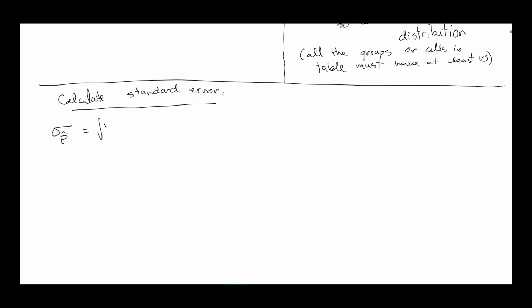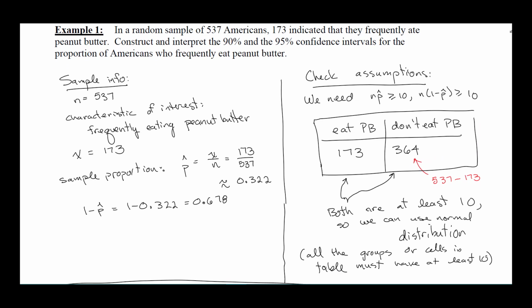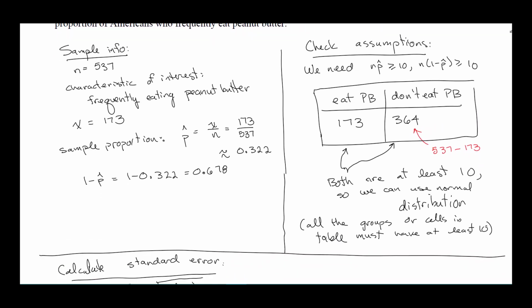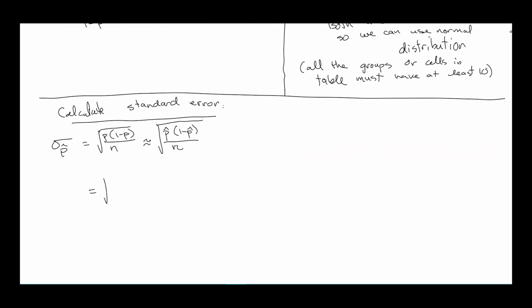This is going to be the square root of P times 1 minus P divided by N, but of course we don't have P, so we are going to use P hat instead. So what was our P hat? Let me scroll back up. 0.322, and the 1 minus P hat, the complement, was 0.678.